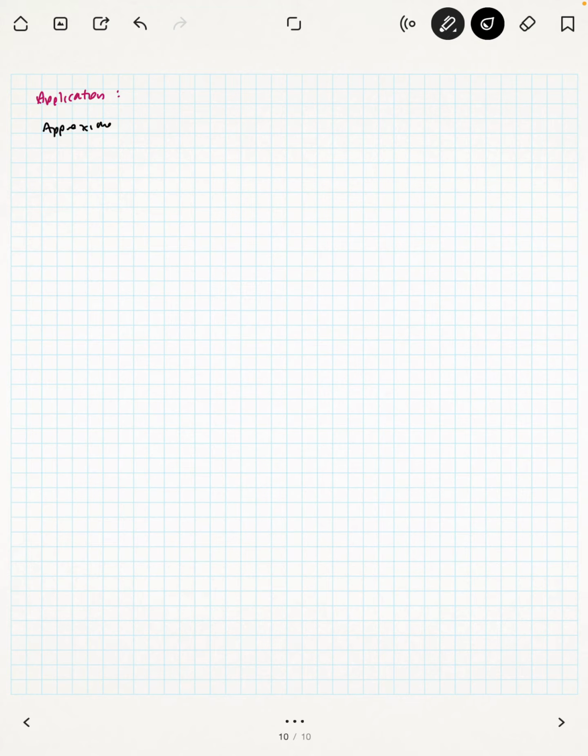Application. We're going to approximate the sum of n equals 1 to infinity of negative 1 to the n over 2n factorial, correct to 4 decimal places.